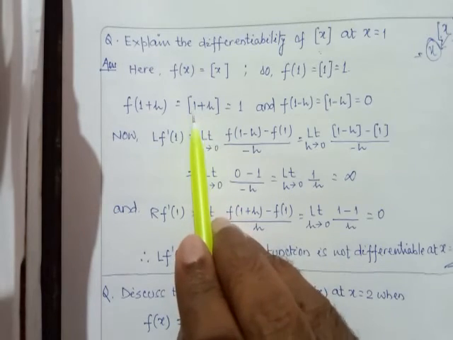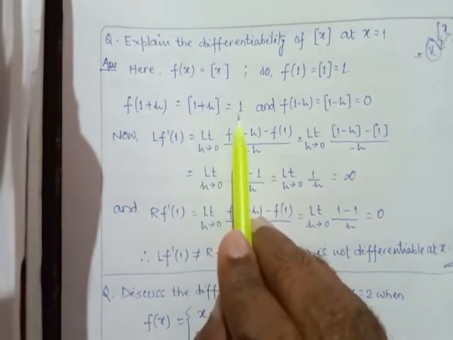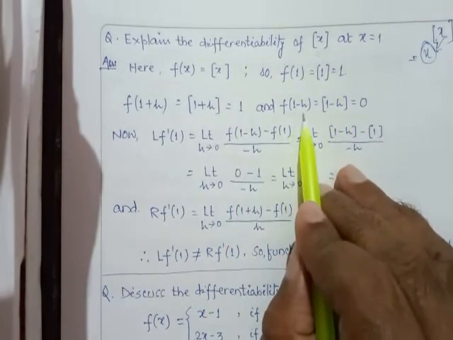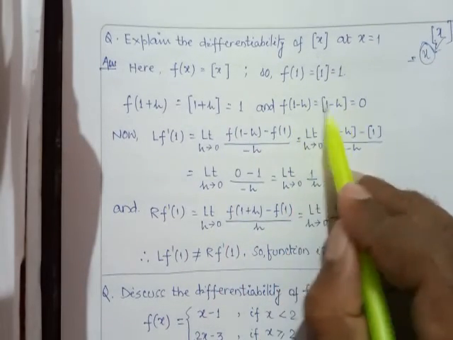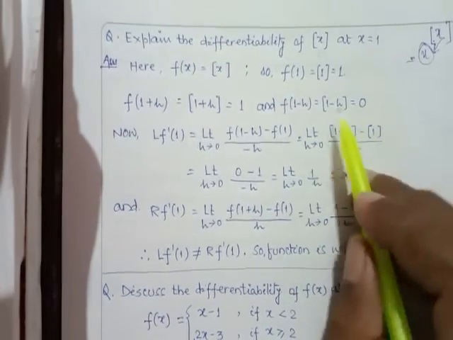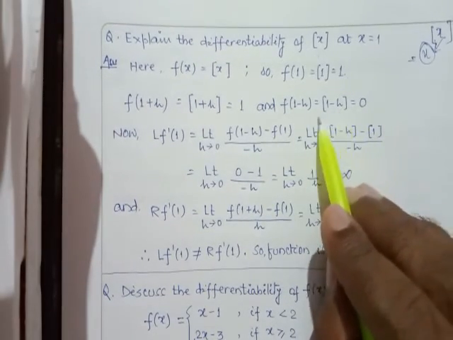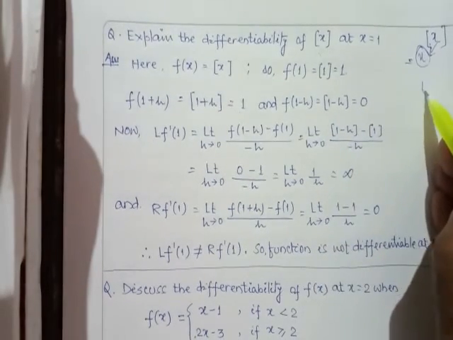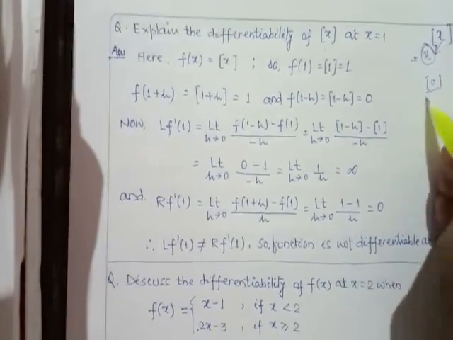Similarly, f(1 minus h) is the greatest integer of 1 minus h. 1 minus h is less than 1, it means its nearest integer will be 0, not 1. So the greatest integer of 1 minus h is 0.